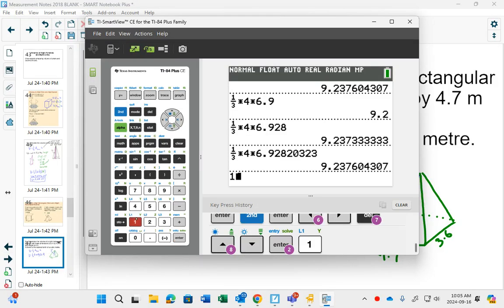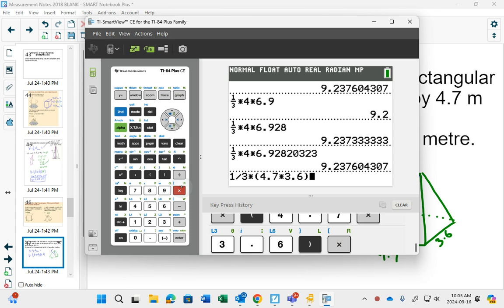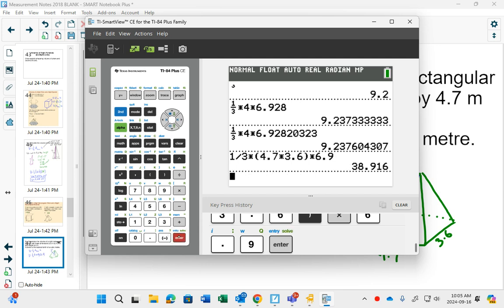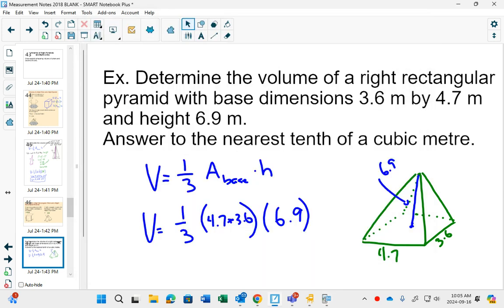So the fraction of 1/3, you could just do by doing 1 divided by 3, times by, if you want to put it in brackets, 4.7 times 3.6, close those brackets, times by, and then our height was 6.9. What we want to do for calculations is if we can put everything in all at once, that's great. Because then we can get an answer directly from that, 38.916.